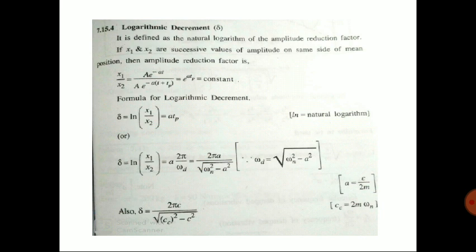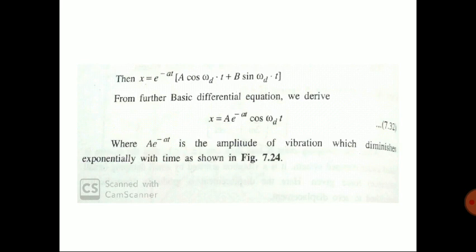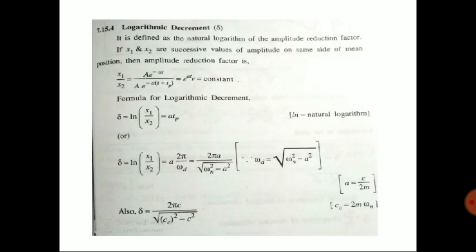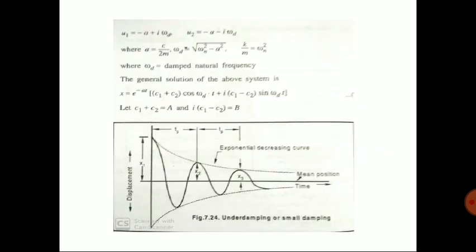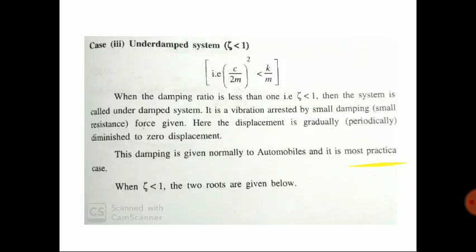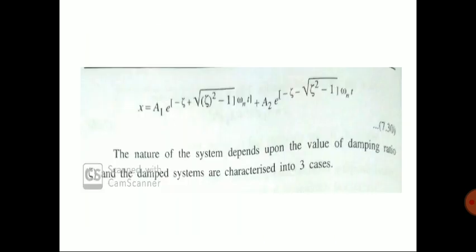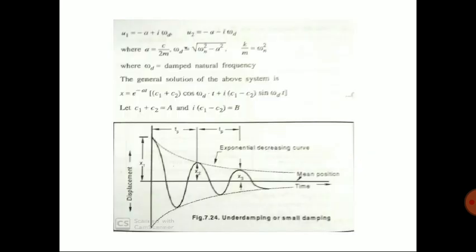Okay, so when we are going for delta equals ln x1 by x2, you can see here x1 means a into e raised to minus at. This is the final equation, and here the maximum value is a into e raised to minus at when cos omega d t equals 1. x2 means a into e raised to minus a (t plus tp), that is, x2 occurs after a time period tp, and x3 will be at t plus 2 tp from x1.